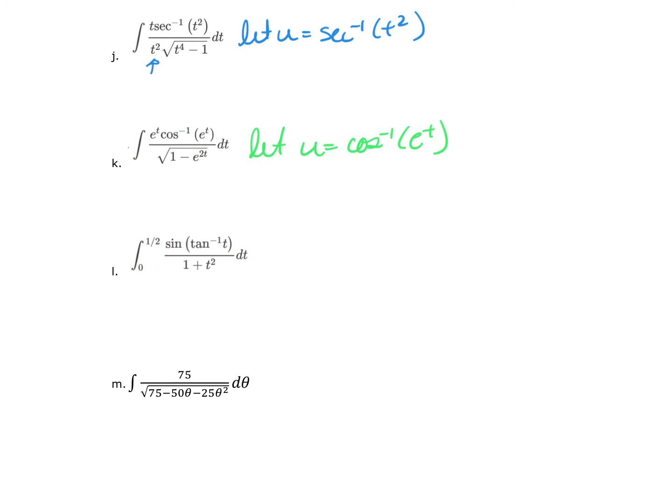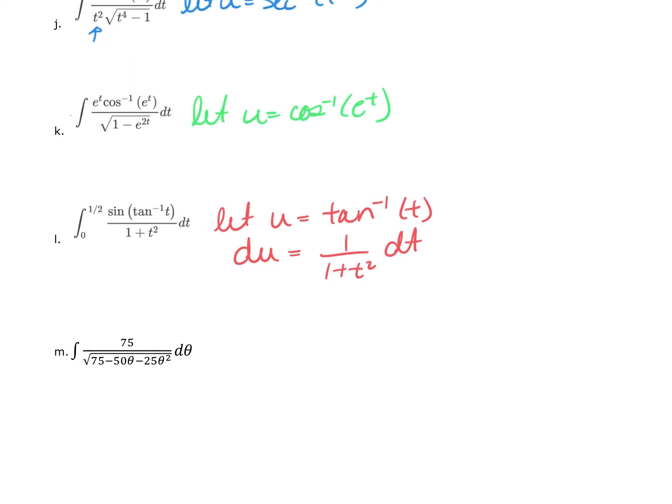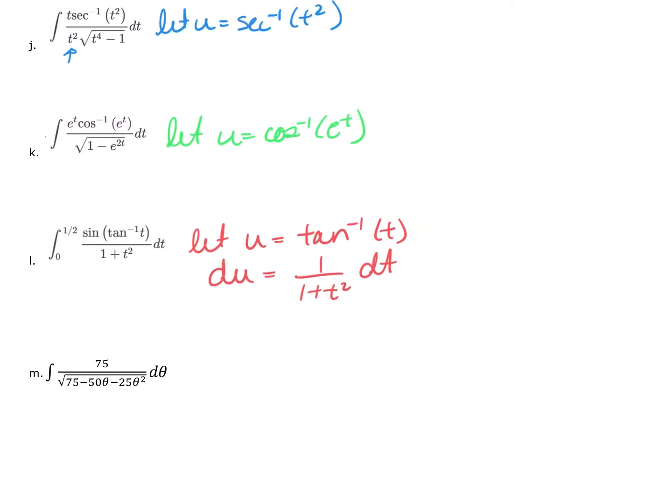This one is going to be a 2 kind of u sub. First, we're going to say, hey, let u equal the tangent inverse of t. And du is going to be 1 over 1 plus t squared dt. Don't forget on this one, you do have to change your limits of integration.